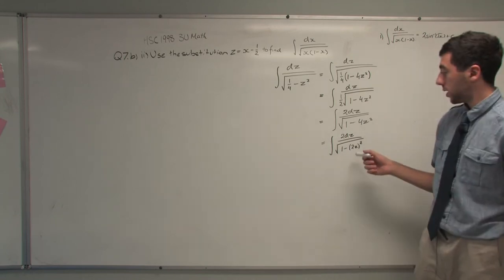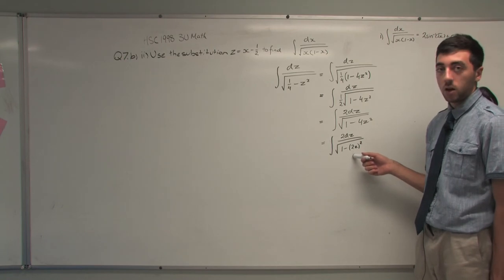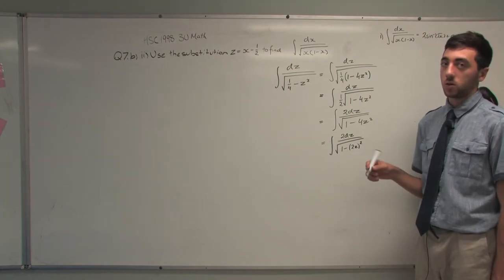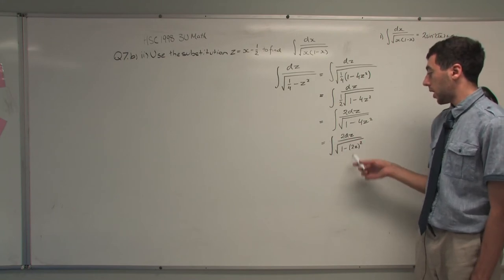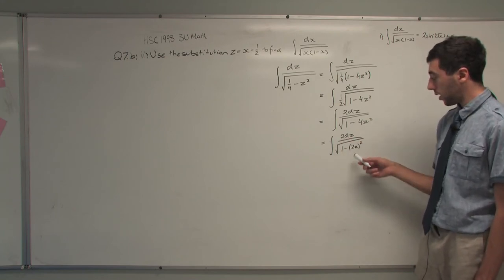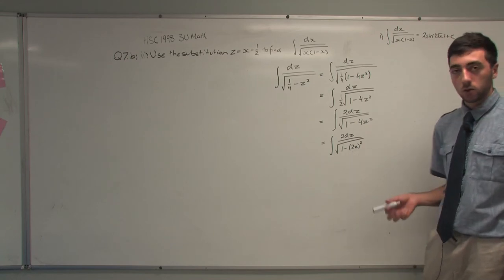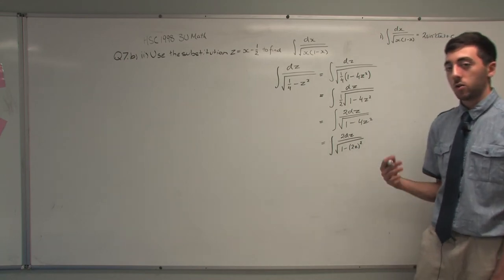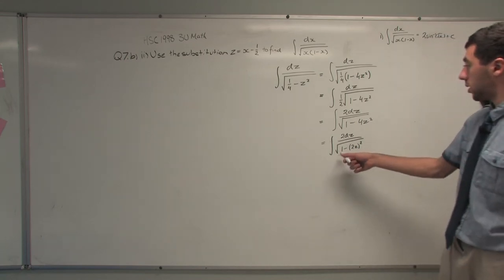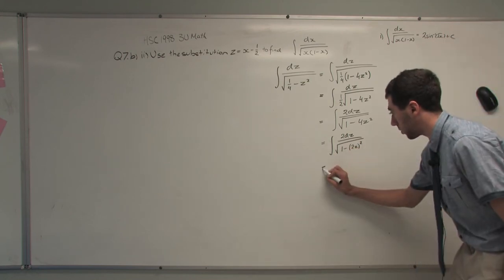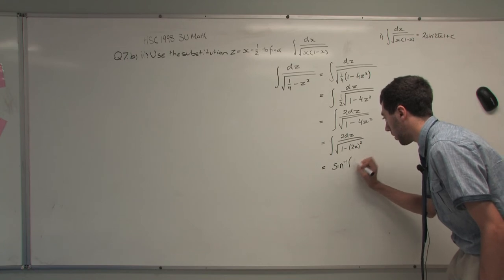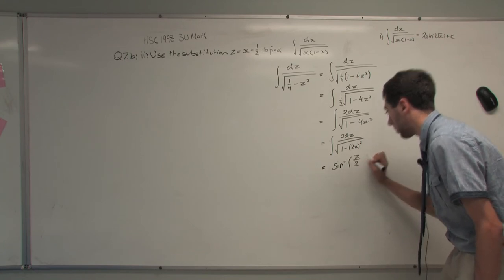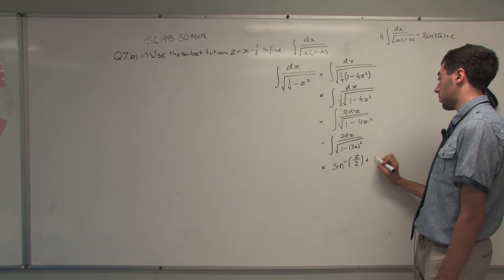Okay, and you might notice now, because there is a 2z here, to make this a sine inverse integral, you need to have the derivative of what's inside the square root on the top. And what do you know? We already do. We've got 2 here, and if you differentiate 2z with respect to z, you get 2. So we've actually completed this standard integral. So now that's going to be equal to sine inverse of z over 2, and that is plus c.